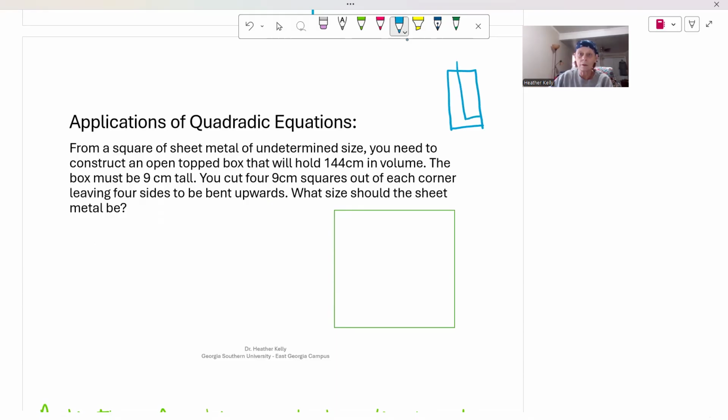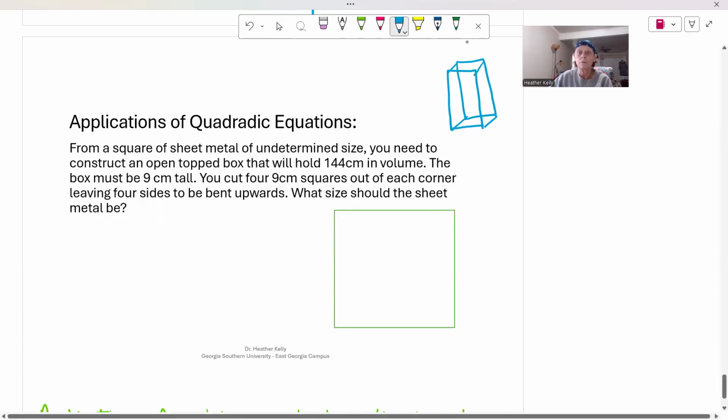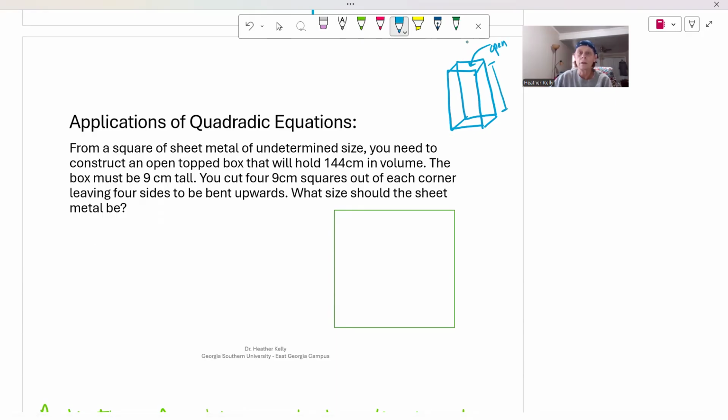A little 3D box like this, but the top is open, and it needs to be 9 centimeters tall. Each side is one of these things that is folded up.